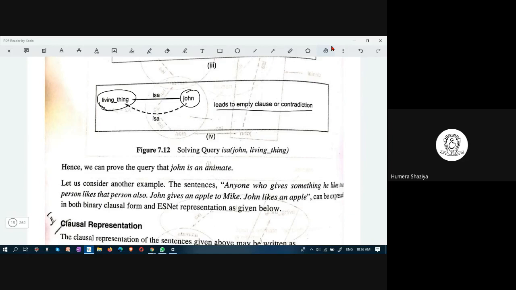When you combine these together, it is called an empty clause or a contradiction. Because we achieved the contradiction, we can say that it is proved that John is a living thing is true, and this query is proved.